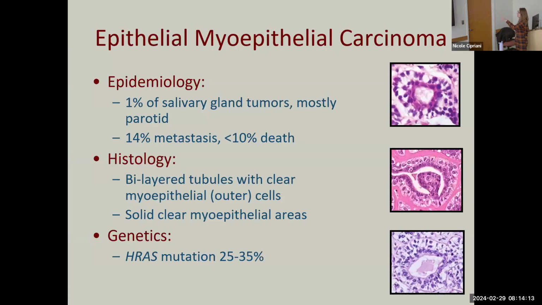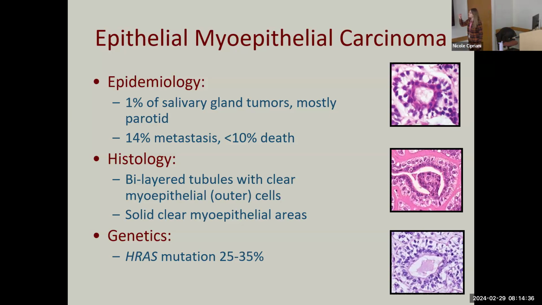In this case, both of these cell types are neoplastic. And so epithelial-myoepithelial carcinoma, you want to be able to see inner luminal epithelial cell layers, outer myoepithelial cell layers that are often clear, often a very prominent myoepithelial cell layer, as opposed to those flattened, compressed ones, right?